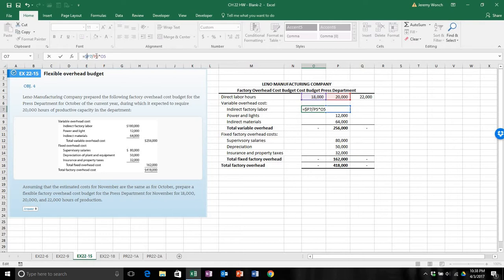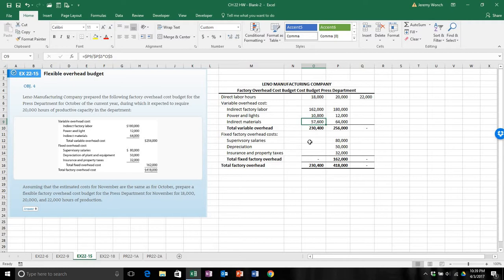We want to lock down the column for our cost, lock down our denominator here, and lock down the row here. So now all we have to do is drag it.